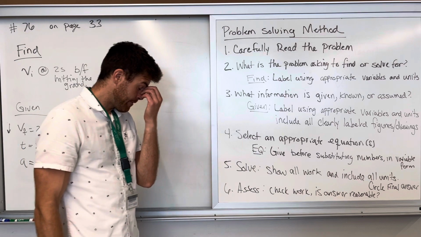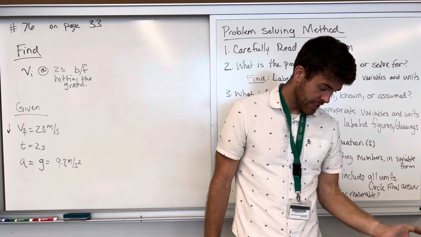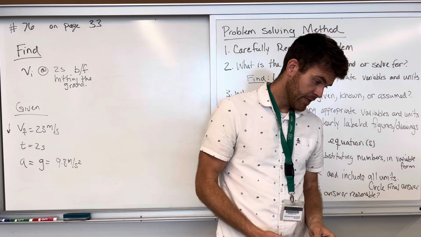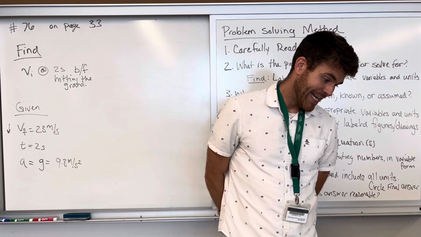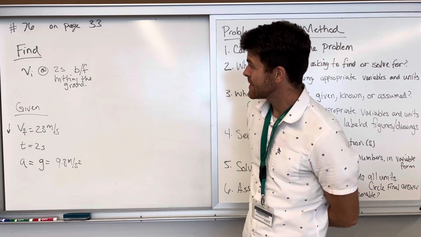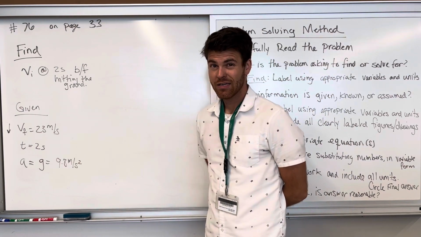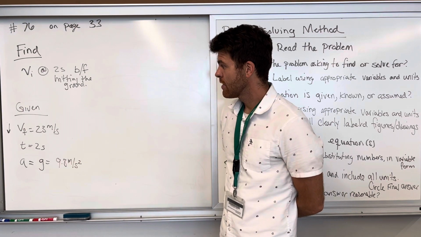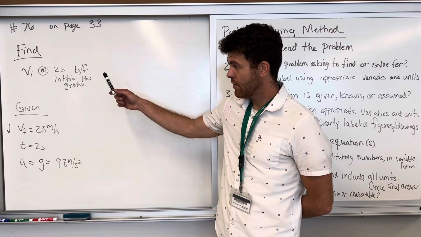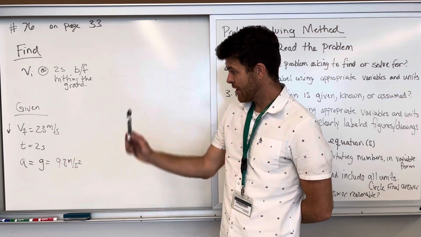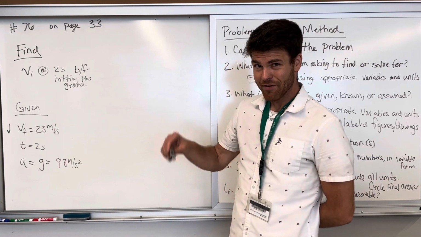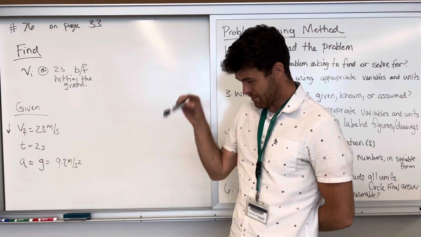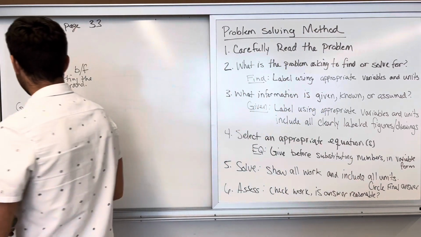Is there any other information that's given? I don't think so. I have to define my coordinate system. I have to say which direction is positive and which is negative. Since the object's traveling downward and acceleration due to gravity is downward, it just seems easier to make downward positive.